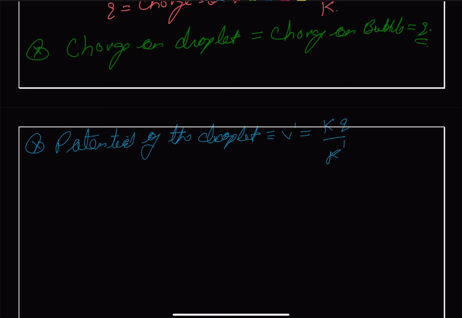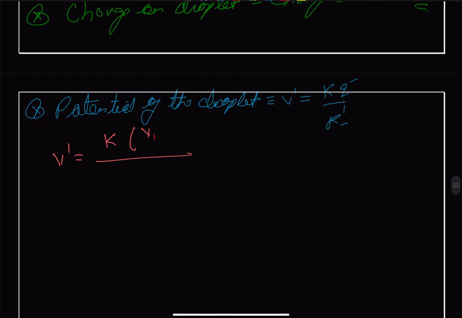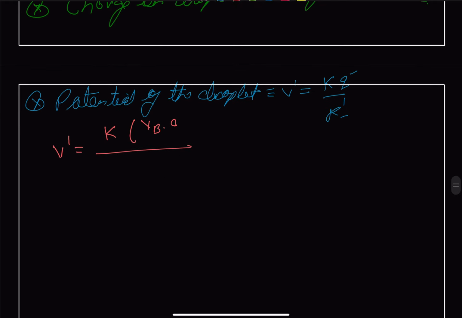We can easily substitute the value of Q as well as R prime, so we get V prime will be equal to K, and Q we just found out is VB multiplied by A and divided by K, and R prime is 3a square t, whole raised to the power 1 by 3.